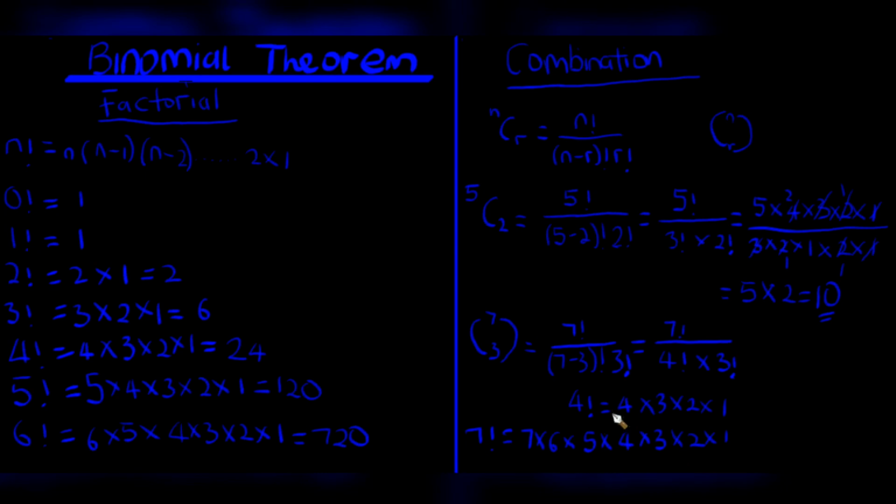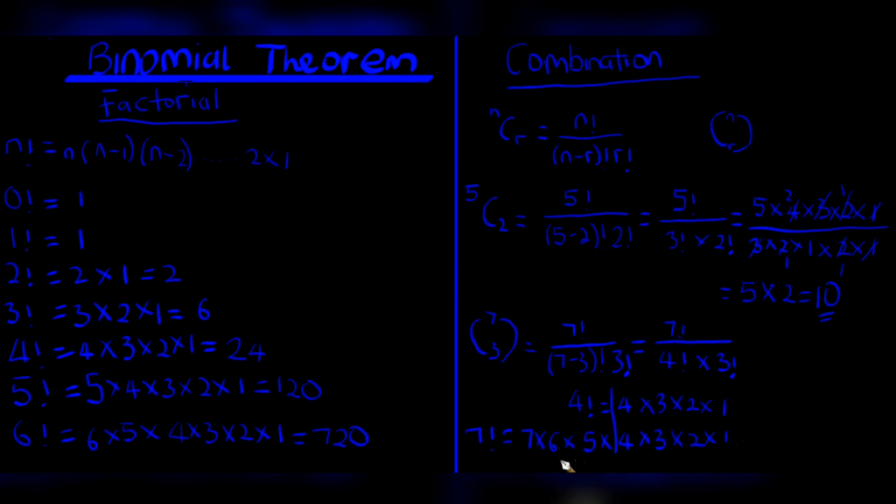If you're quite observant, you'll notice that some elements that make up 4 factorial are also there within 7 factorial. So if I divide through right here, it can be clearly seen that within 7 factorial is 4 factorial.